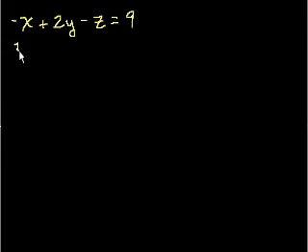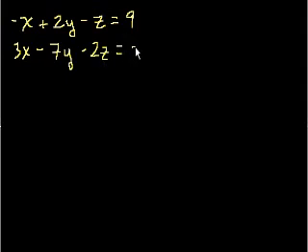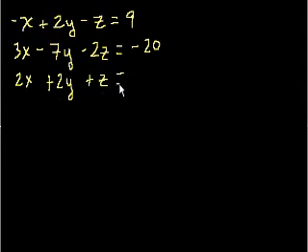I have 3x minus 7y minus 2z is equal to minus 20. And I have 2x plus 2y plus z is equal to 2.